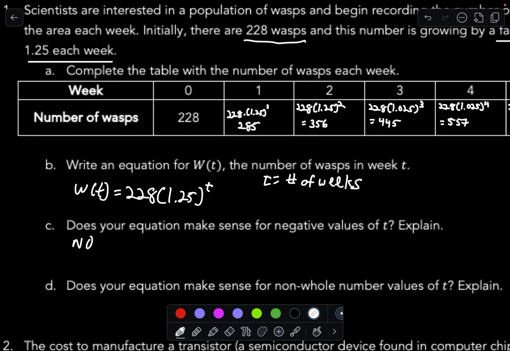A negative number of weeks is before they started measuring.